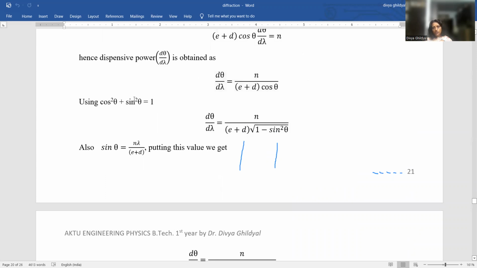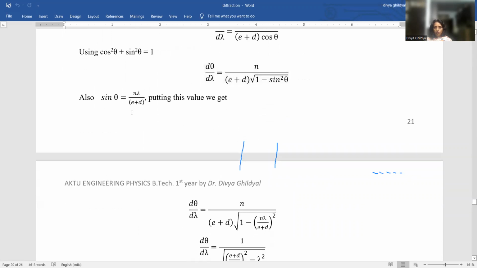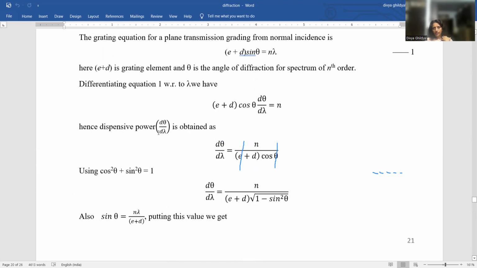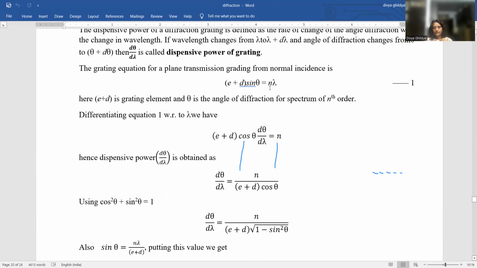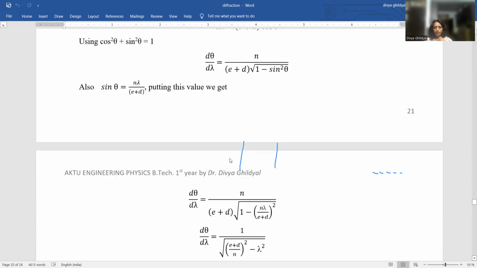Using cos square theta plus sin square theta equal to 1, we write cos theta equal to under root 1 minus sin square theta. Putting sin theta equal to n lambda upon (e+d), where did we get this from? From (e+d) sin theta equals n lambda.